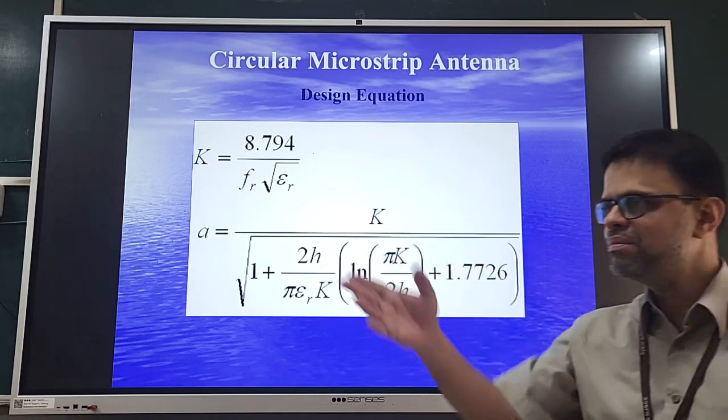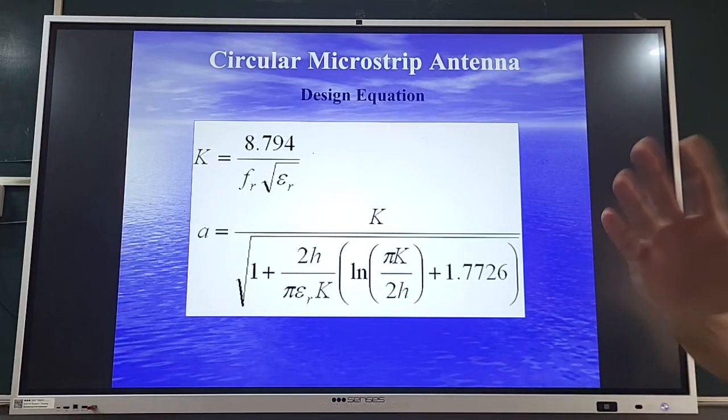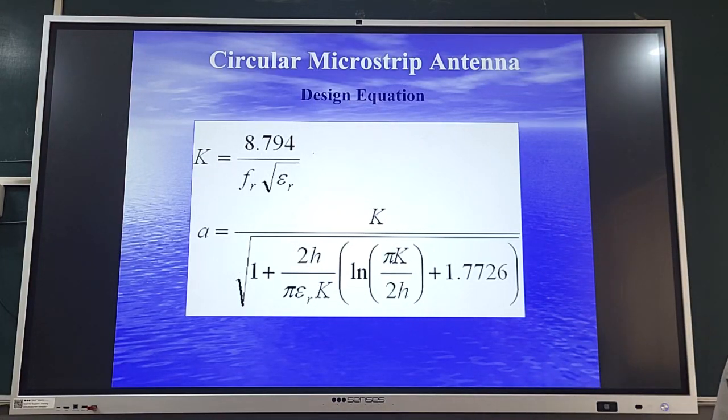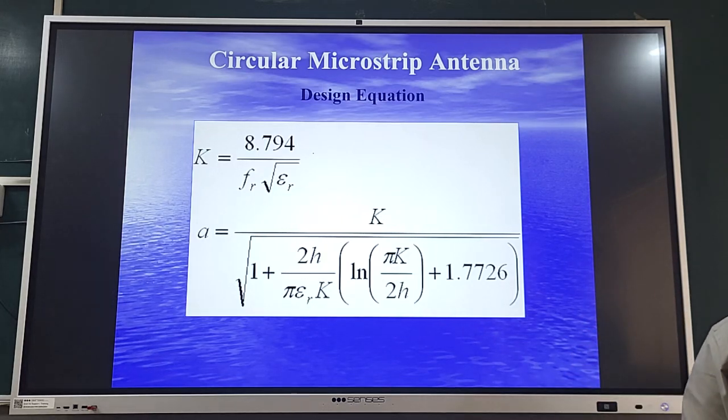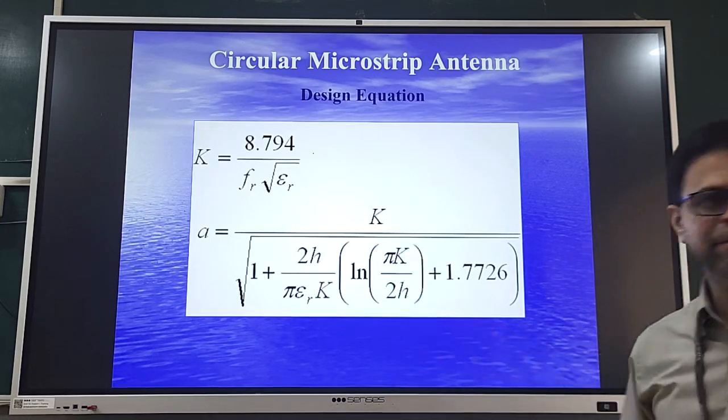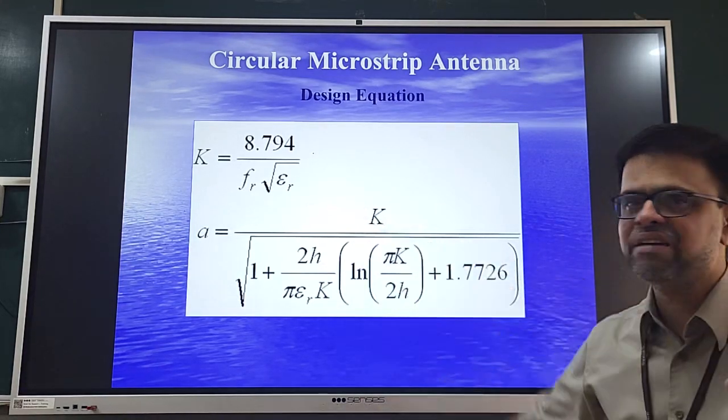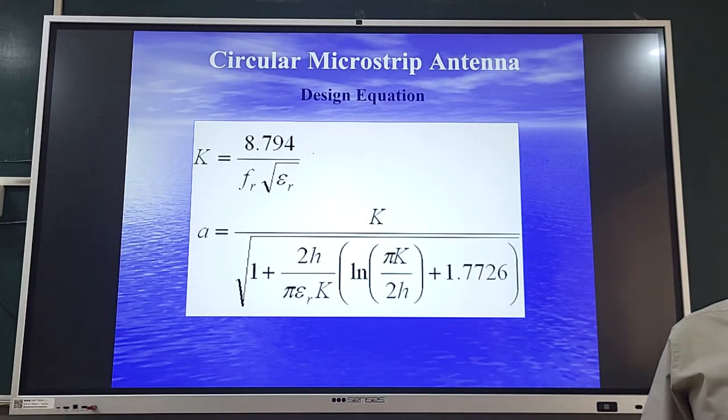So the same problem statement can be extended to design a circular microstrip antenna at a given fundamental TM11 mode frequency of operation. So this is a design equation, or rather I will say a synthesis equation, and that was the analysis equation.